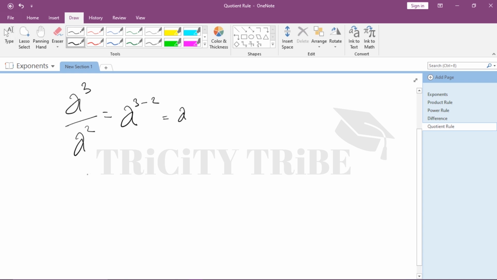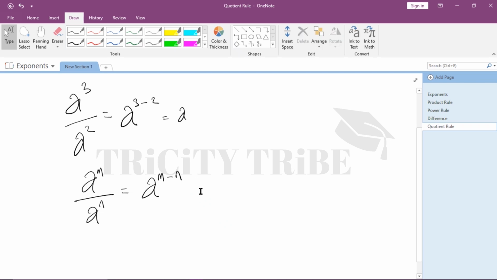In your quotient rule, you have your base number above and below, you have m and n, and it says you subtract: m minus n.